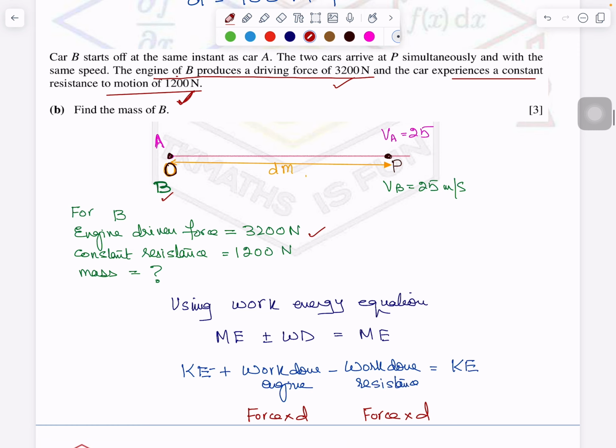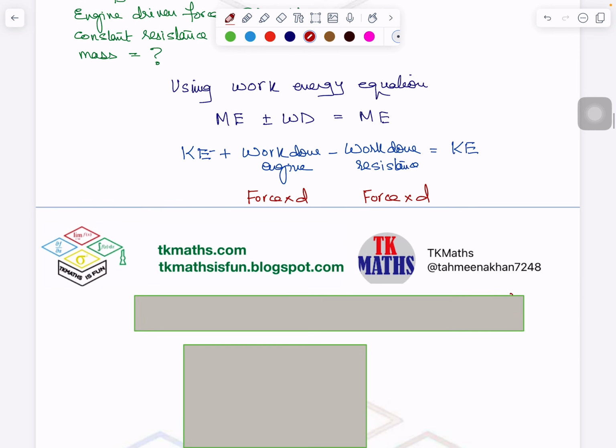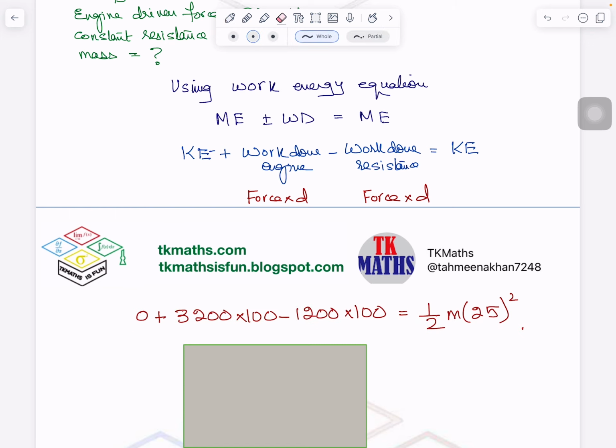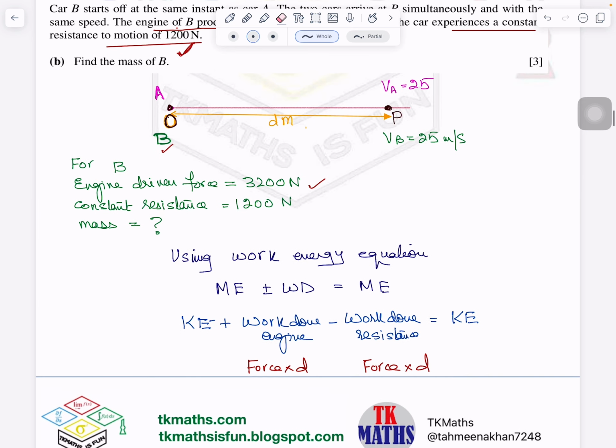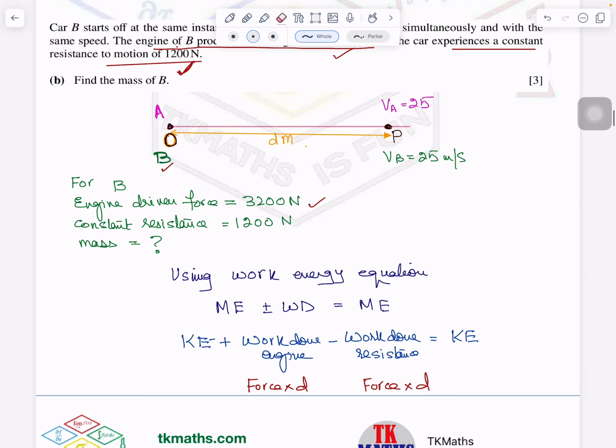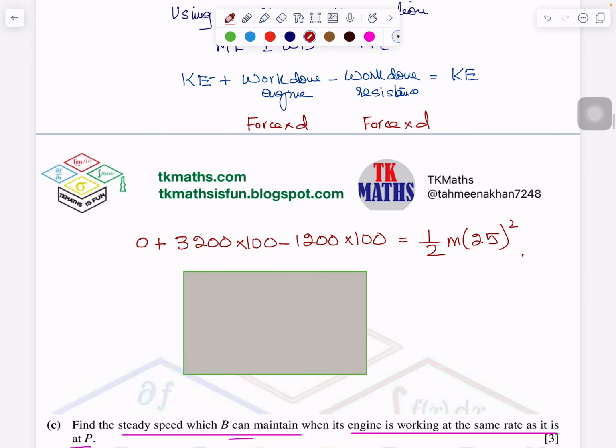But here we will calculate it: force into distance. And now distance we know. Now you have to find the mass of car B, which is the main question here. So distance we already know. We have the equation, we will solve it algebraically and get the answer very quickly.